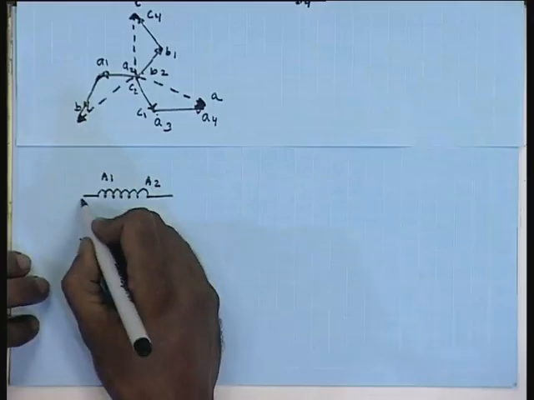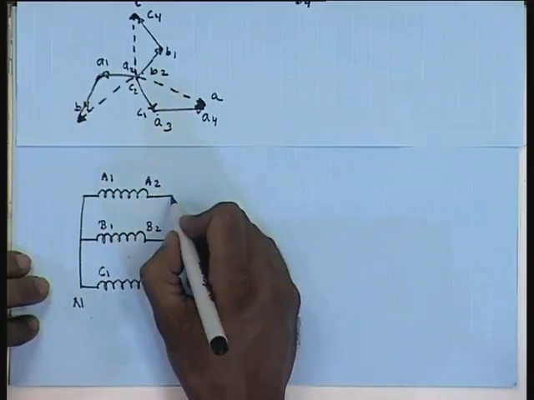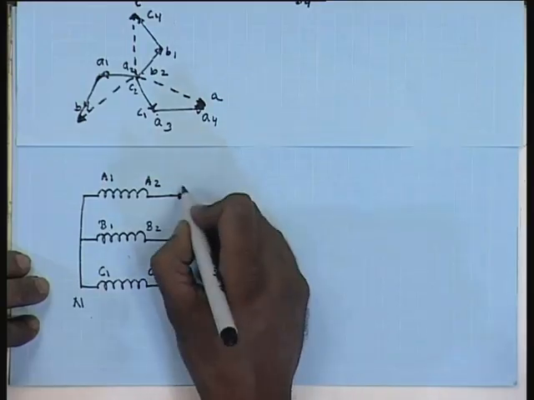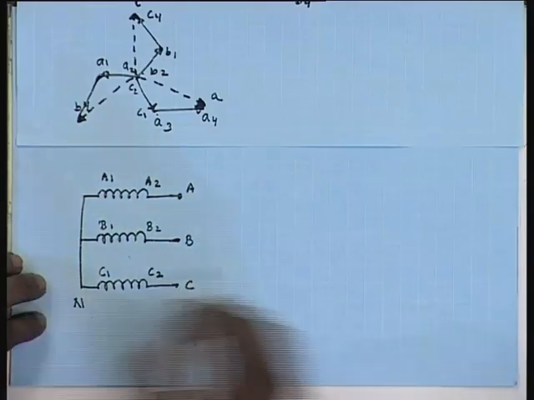The star is formed by connecting A1 B1 C1. The lines are given to A2 B2 C2. This is line A, this is line B, this is line C.